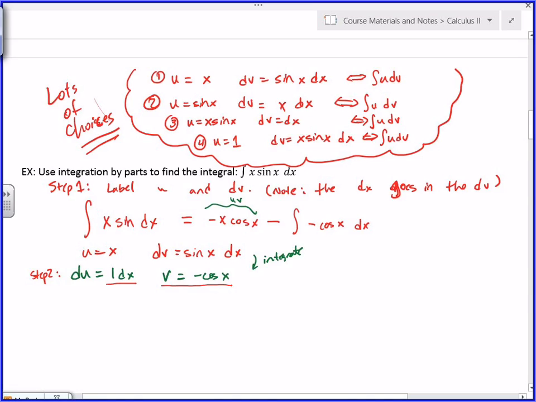And what has happened now is something very nice. We have negative x cosine of x. This minus and this minus will become a plus. Integral of cosine of x dx. The integral that was complicated and I could not integrate is now only dependent on an integral that I can integrate. What's the integral of cosine of x?